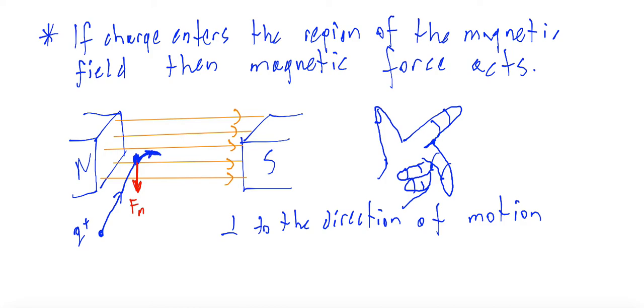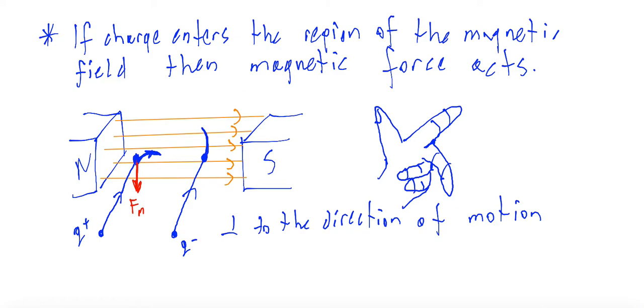So our charge changes direction of motion and moves on a circle, because magnetic force is always perpendicular to the direction of motion. So when the direction of motion changes, of course the direction of magnetic force also changes. If a negative charge enters the field, we have the same situation, but the direction of the force is opposite.